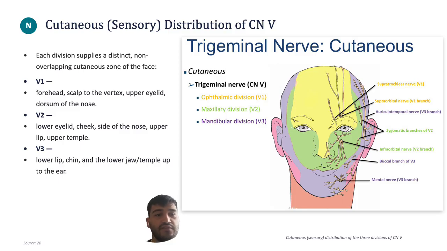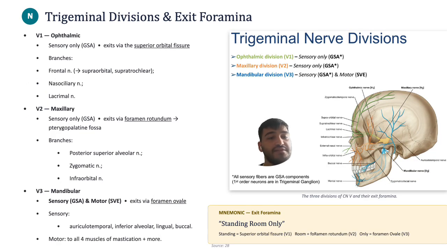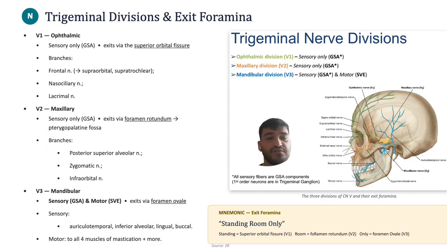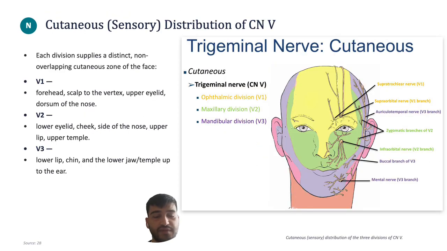And then for V2, we have the lower eyelid, cheek, side of the nose, upper lip, and upper temple. And that's where we get our, what did we say again? It was EZI. So we have the posterior superior alveolar, zygomatic, and then infraorbital.